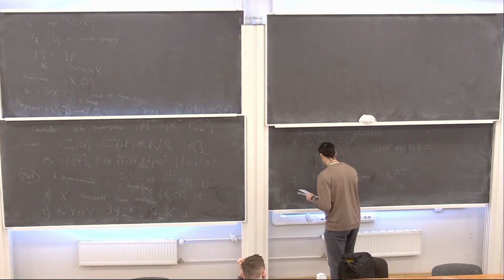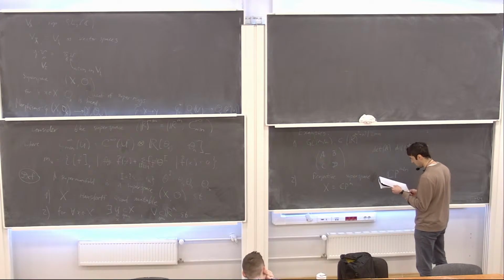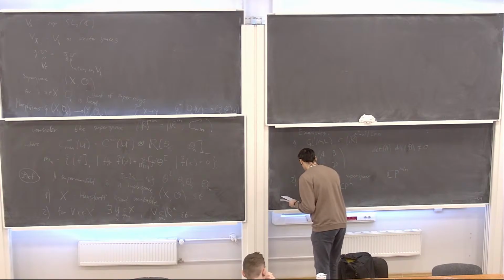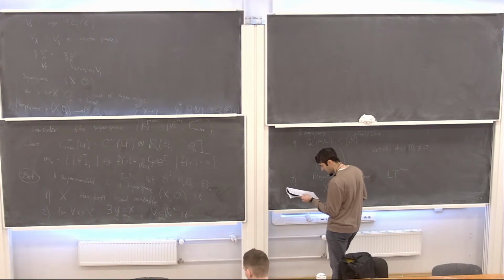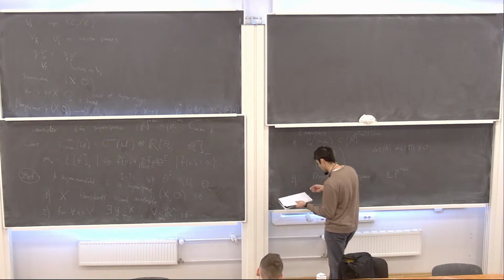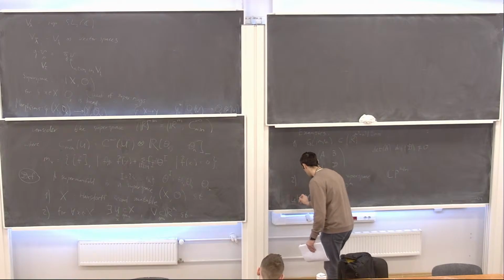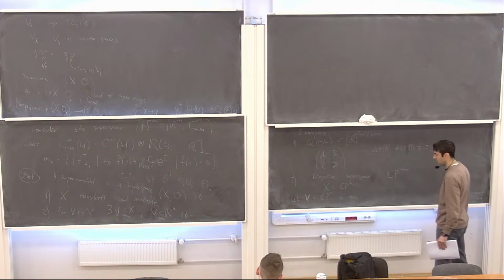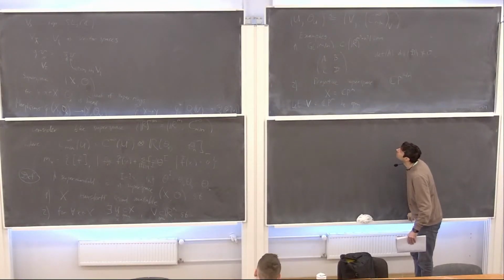The underlying topological space is just CP^m. Now I need to define a sheaf of super vector spaces, super rings. This sheaf should give me a super ring for every V which is open inside CP^m. So let V inside CP^m be an open subset, and let me lift it to C^(m+1).